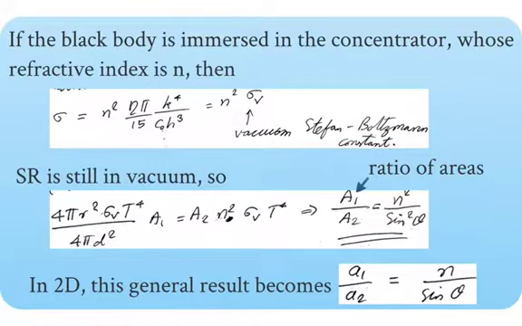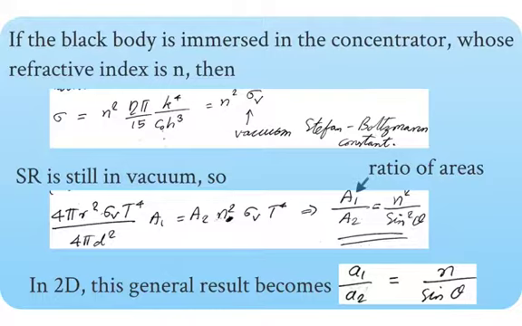All this stuff is constants that we saw before. You can ignore that. The key is that sigma is n squared times sigma in vacuum. So simply by filling my CPC with some material, I can increase sigma.